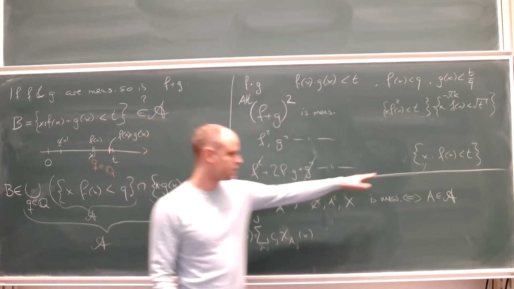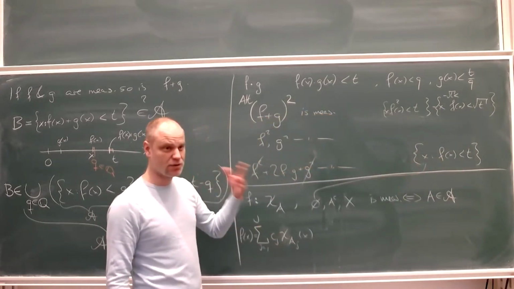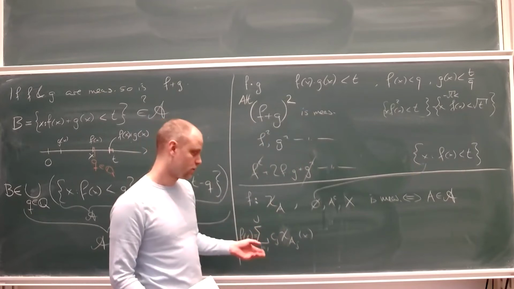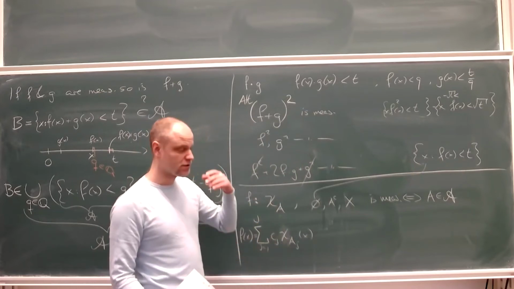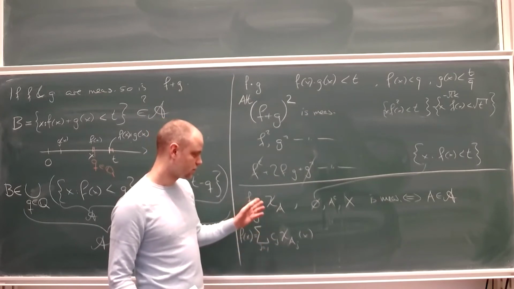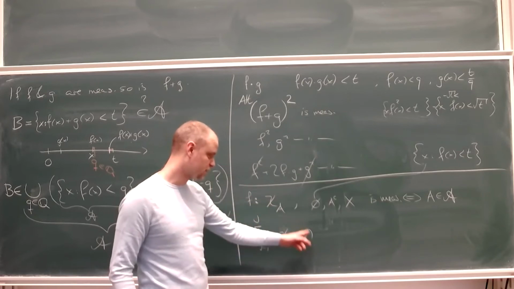So when I look at this set here, I get finite unions of these Aj or their complements. So if the Aj's are in the sigma algebra, then you're fine. So, okay, if all the Aj's are in the sigma algebra, this is always measurable.